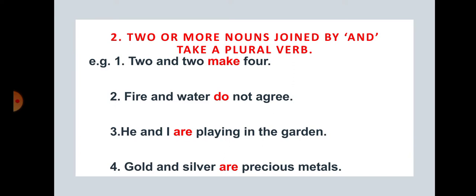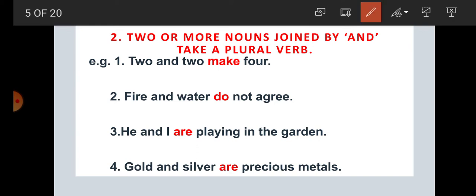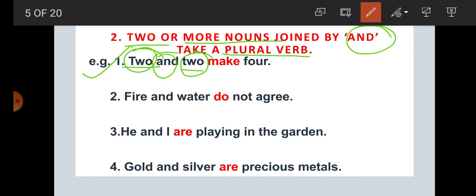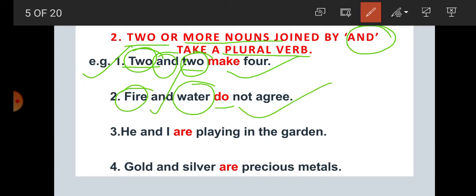Now rule number 2. Two or more nouns joined by and take a plural verb. Students, two or more nouns joined by and take a plural verb. For example, number 1, two and two make four. Here there are two subjects, two and two, and they are joined by and. So here the verb must be plural. So here make is a plural verb. Fire and water do, two nouns joined with and, so here do is a plural verb.